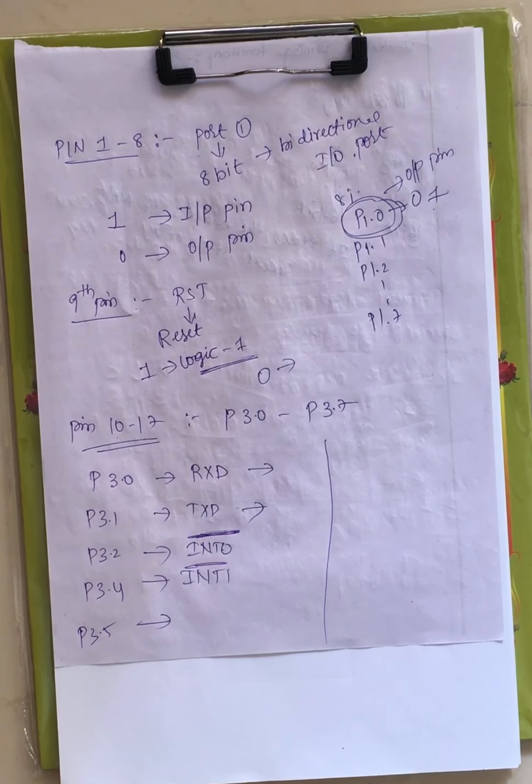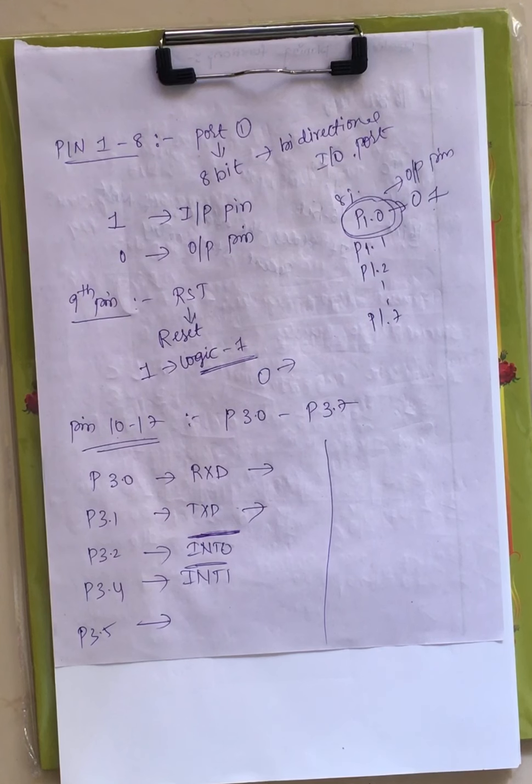Now 8051, if we want to stop the operation of 8051, then we can. Interrupt is nothing but stopping the process of a controller or the processor.